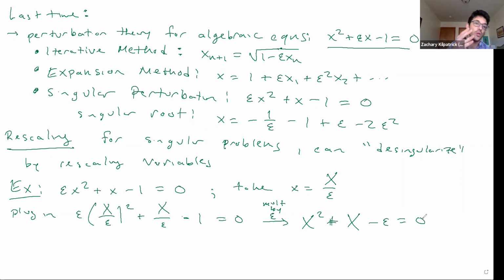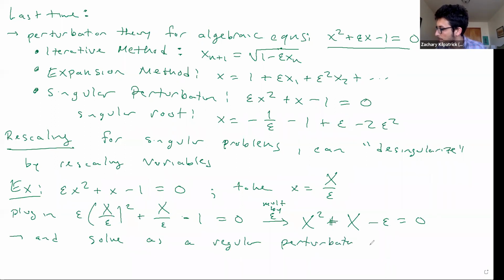The epsilon no longer lives on the highest order term, so we no longer have a singularity. So what we could do in this case is just solve this as a regular perturbation problem.